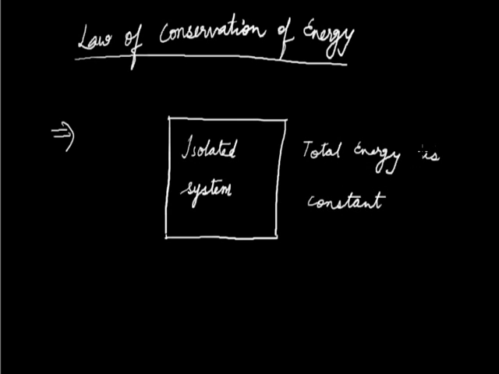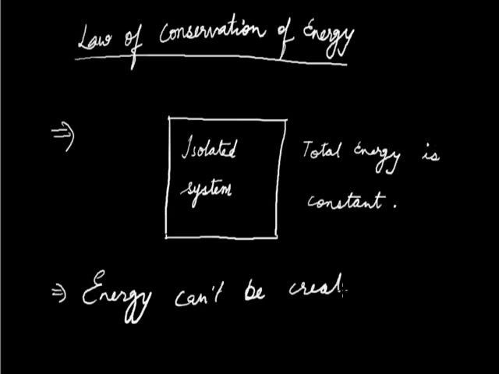Or, as the conclusion of this law, we say, as a beautiful idiom in the world of science, that energy can neither be created nor destroyed. This is what we say under the law of conservation of energy.